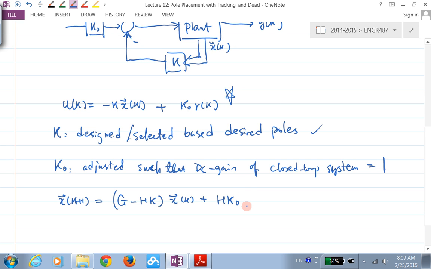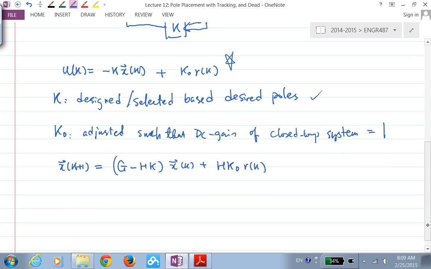So we get this expression for x of k, and we get this expression for y of k here.